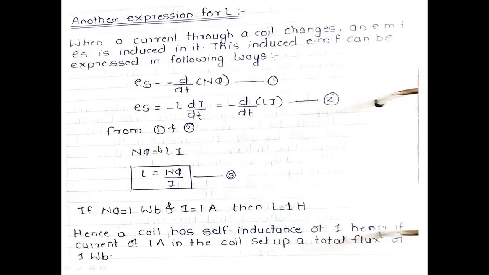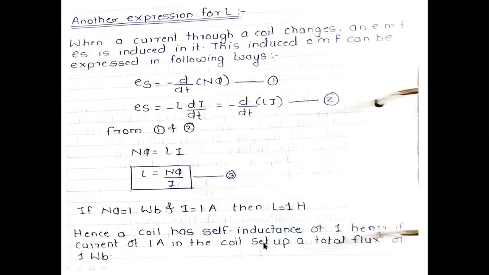Next, we should know the formula for the self inductance. So L equal to n phi divided by I. Self inductance equal to n phi by I. If n phi is 1 Weber and I equals 1 ampere, then self inductance will become 1 Henry.